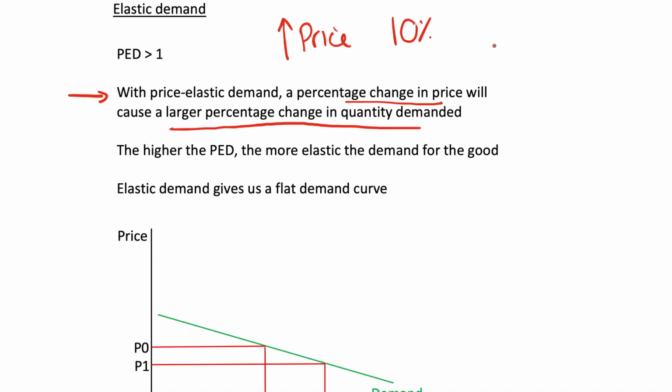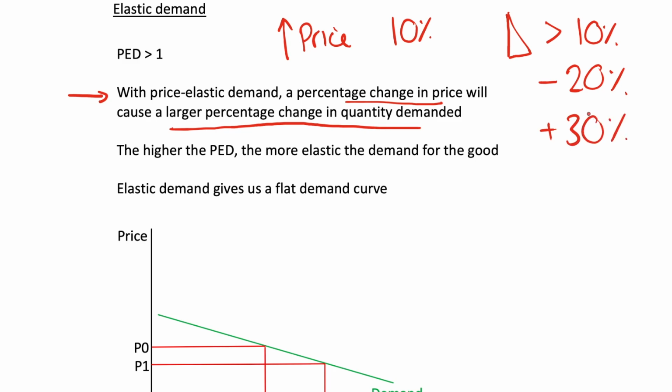Well, if we have elastic demand, this means that in response to that, our quantity demanded is going to change by some amount, by something that is greater than 10%. So we might see that our quantity demanded decreases by 20%, or that it increases by, say, 30%, if we have some strange good where we increase our demand for it a lot when we have an increase in price.